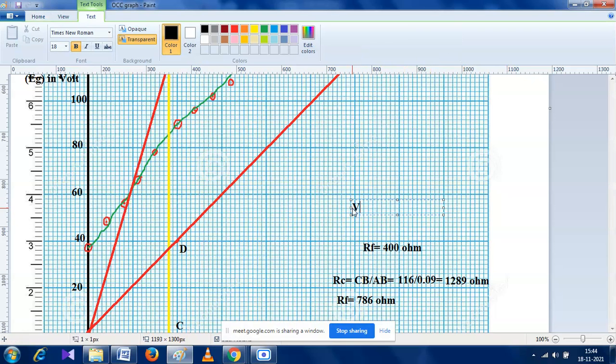What is the value of NC? NC should be the rated value. Suppose the rated value of speed is 1500, multiplied by the value of DC divided by the value of AC.